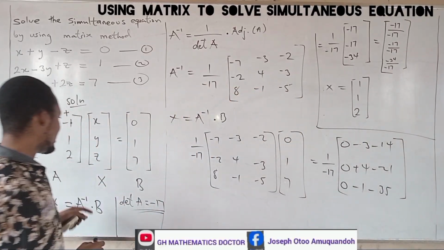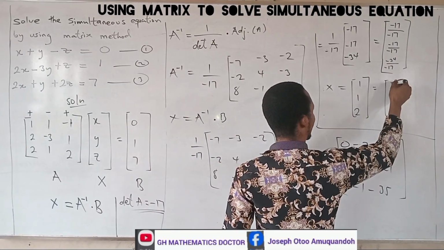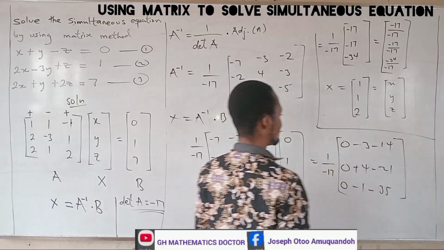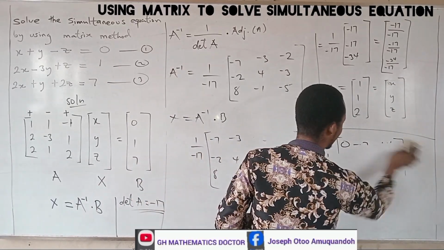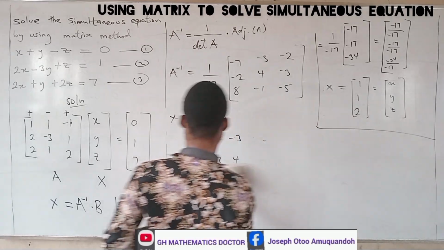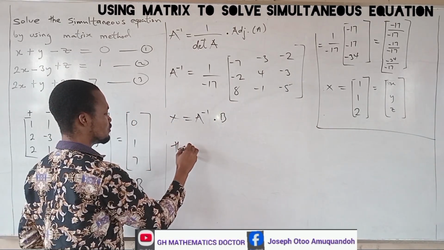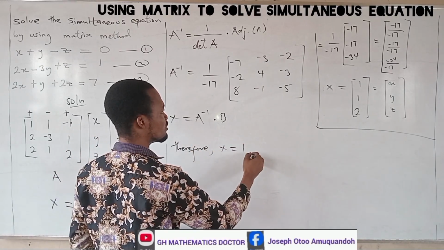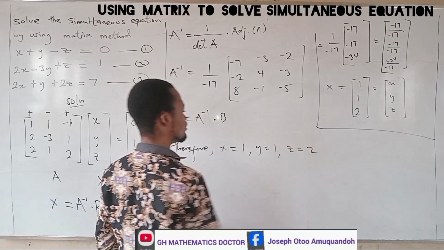Now remember x was labeled as this, so it is also compared to x, y, and z. Therefore x equal to 1, y equal to 1, and z equal to 2.